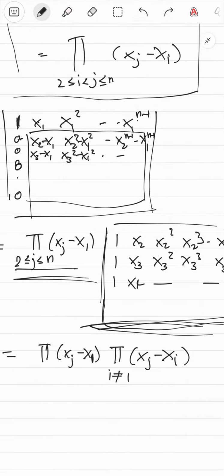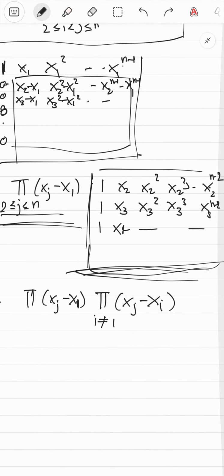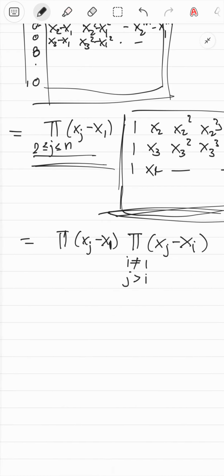Makes sense. So we can just plug this expression in, which I'm going to write like this. It's the product where i is not equal to 1, j is bigger than i, of xj minus xi, right? So combining these two, you just get the final product, where i equal to 1 is also included and j is bigger than i.